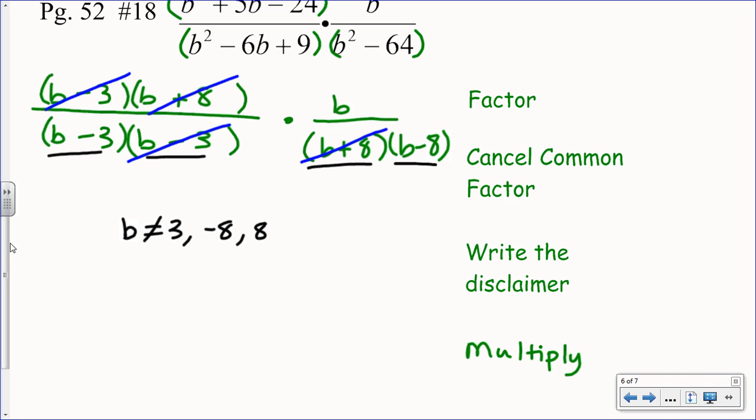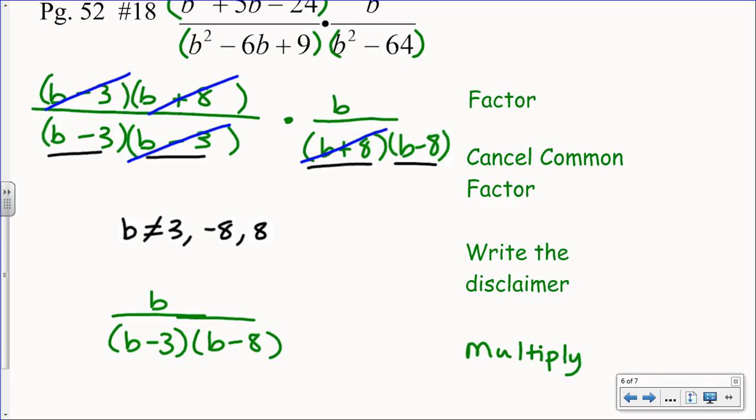Okay, now multiply across the top, multiply across the bottom. What are you left with on top? b. And on bottom, b minus 3, b minus 8. Just leave it factored. You don't need to then FOIL.